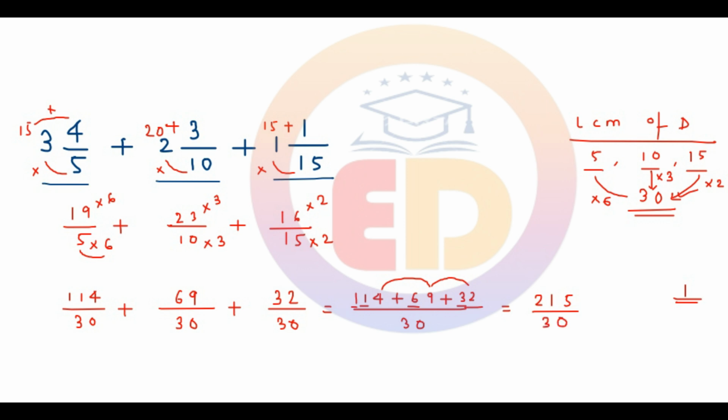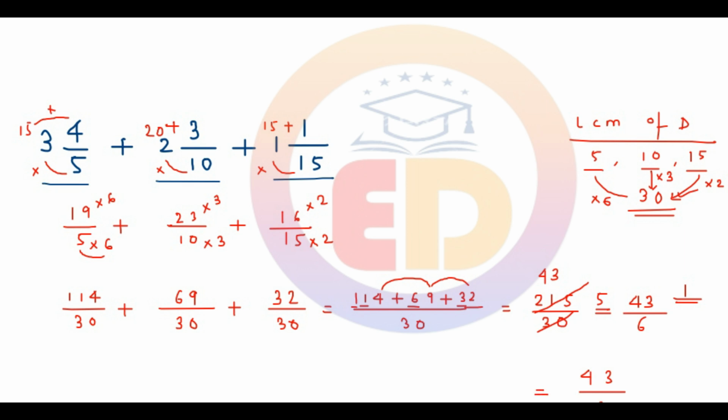Now remember the rule of fraction. Always convert the fraction into the lowest term. Both 215 and 30 are divisible by 5. 215 divided by 5 is 5 4s are 20, 1 carry, 5 3s are 15. This is 43 is the numerator and 5 6s are 30 is the denominator. 43 upon 6 is my answer, which is an improper fraction.